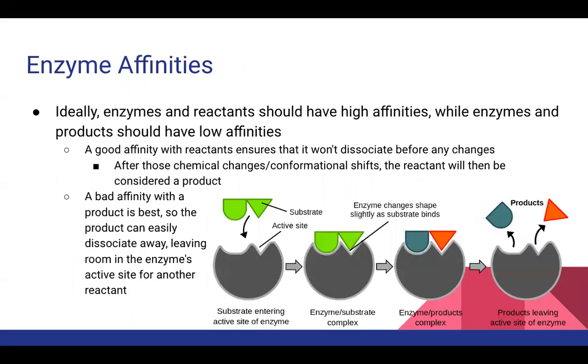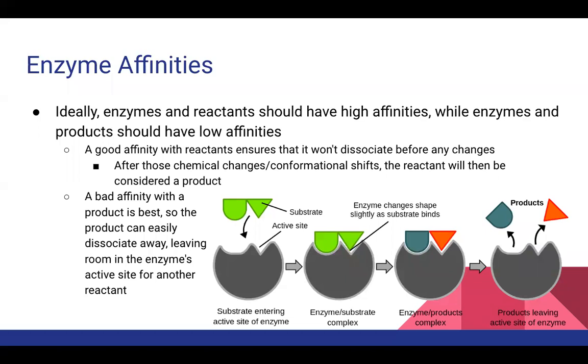For enzyme affinity, their affinity changes based on whether it's in the presence of its substrate or product. Enzymes really want a high affinity for their substrates because they want to make sure that reaction goes as fast as possible. Therefore, it's going to have a really good affinity for that substrate to hold on to it and make sure the reaction is being fulfilled.